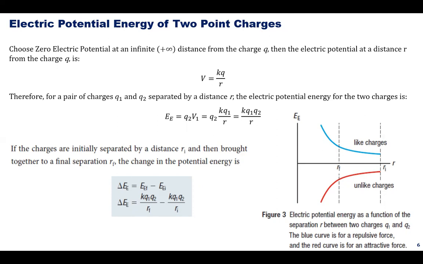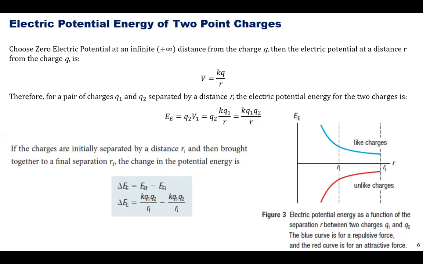For a pair of charges Q1 and Q2 separated by a distance r, we can use the equation for the electric field for the point charge Q2 and the definition of electric potential energy for the point charge Q1 in terms of V to determine the potential energy for the two charges.